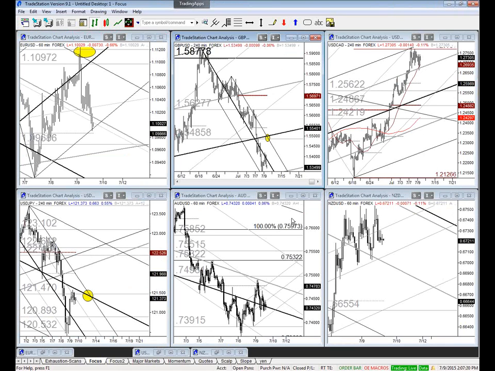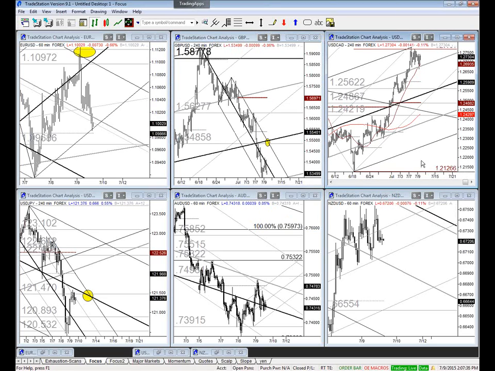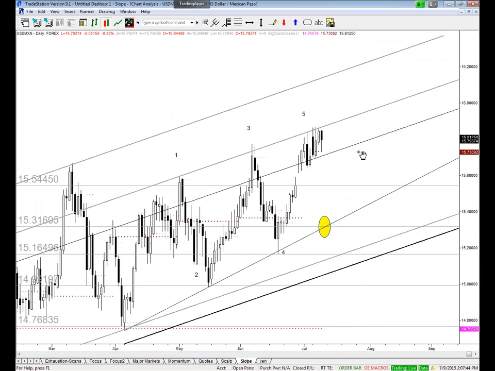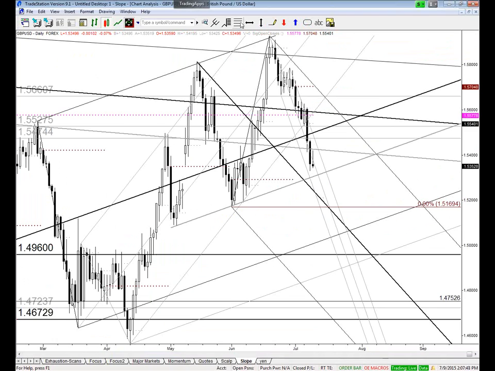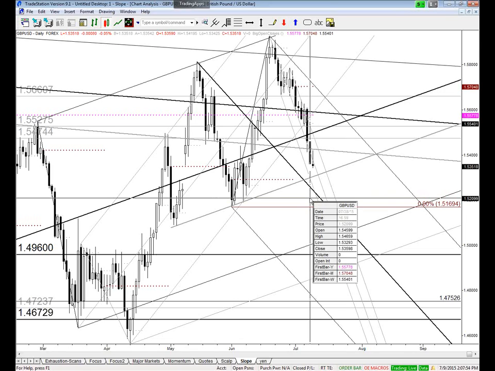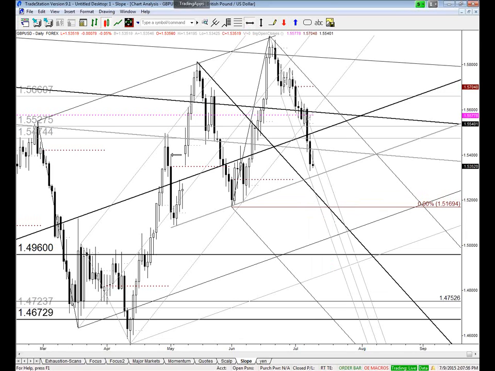If that fails, it's going to be a pretty big indication, I think, that the market is due for a bigger decline. But then at the same time, I'd be looking for a bounce from near about 152.30, 152.50. Okay.